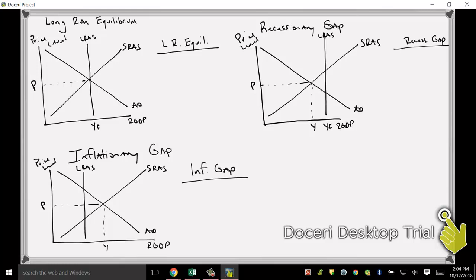A couple things. I think it's important to understand that our long run equilibrium is the graph where all three curves, aggregate demand, SRAS, and LRAS, are all intersecting at one point together. And the significance of this graph is this is where our actual GDP is equal to potential GDP.